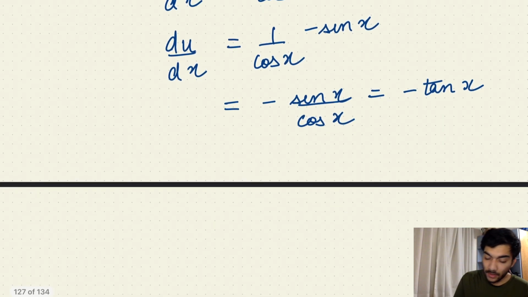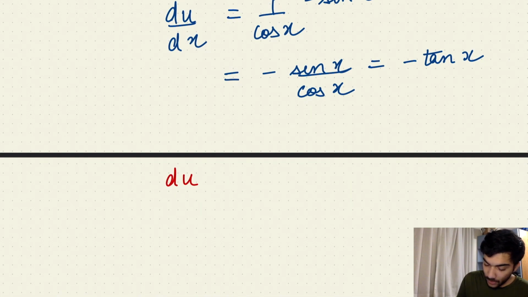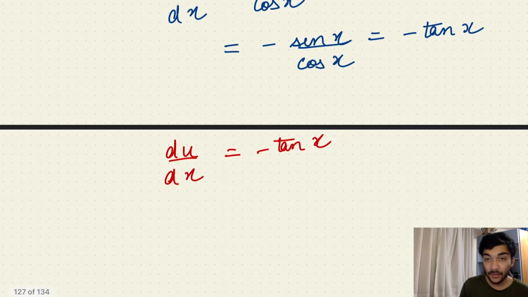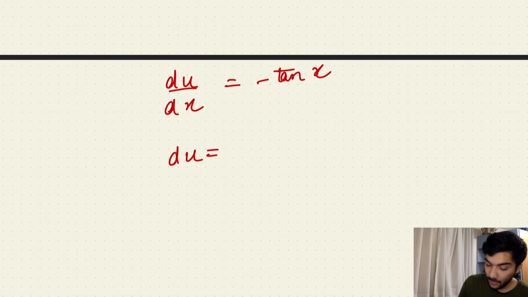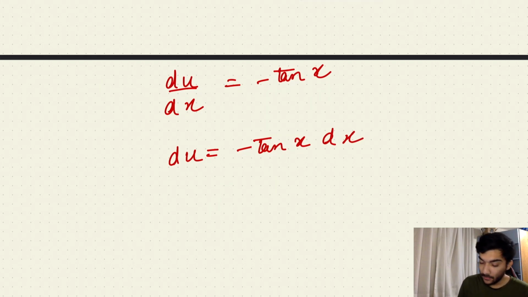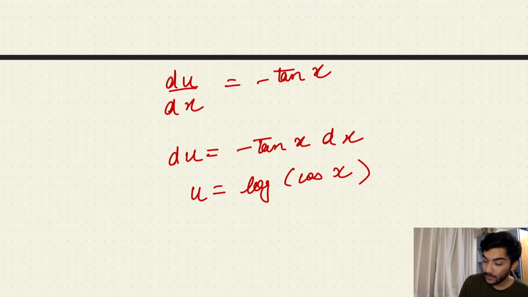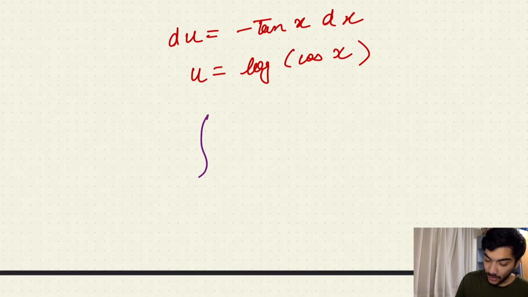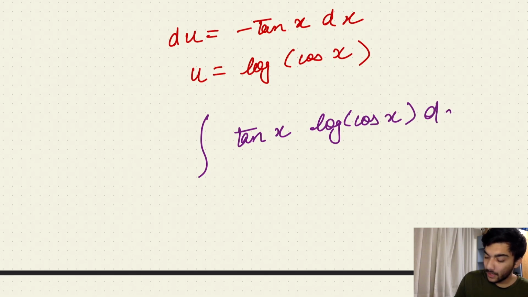So now let's go with this u function. We know that our du by dx in this case is minus tan x. If I shift the dx to the other side, your du would be minus tan x dx, and we also know our u was log of cos of x. So now let's write our original integral, which was tan x log of cos x dx, right?